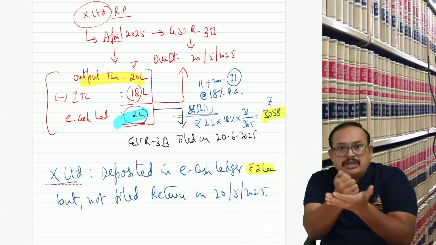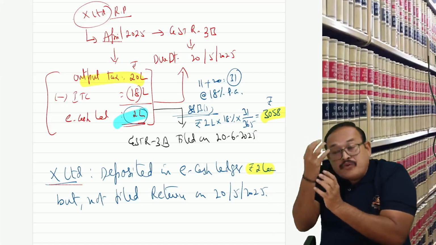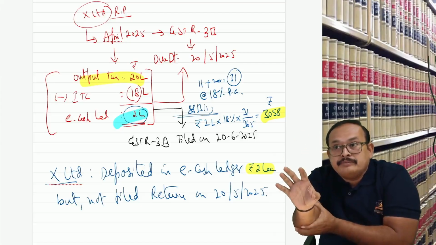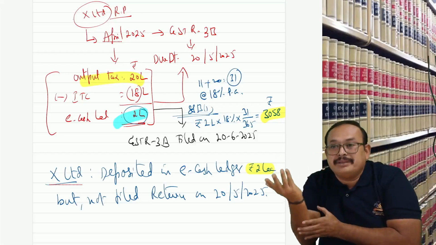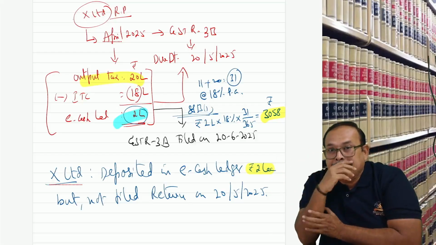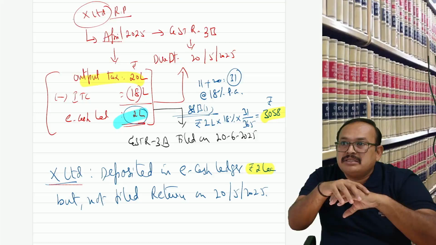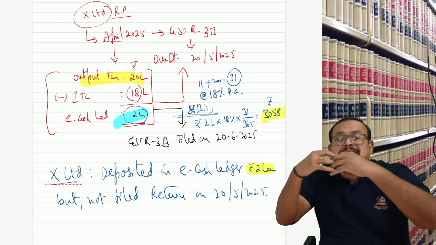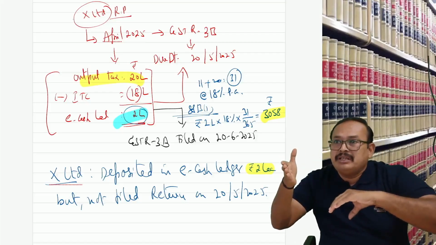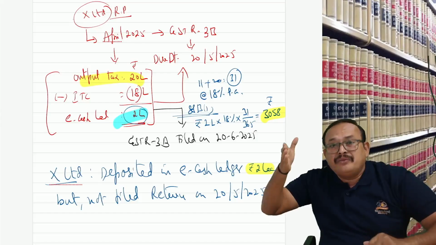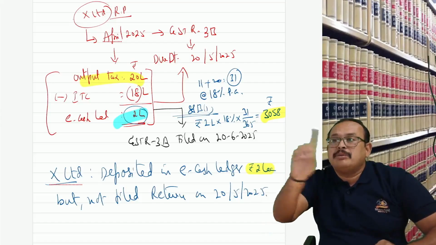If that amount continues till the date of filing that return, then no interest will apply. Repeating, whatever is liable to pay through the electronic cash ledger, if sufficient balance was created in the electronic cash ledger and that balance continued till the date of filing that return belatedly, then interest is not applicable.